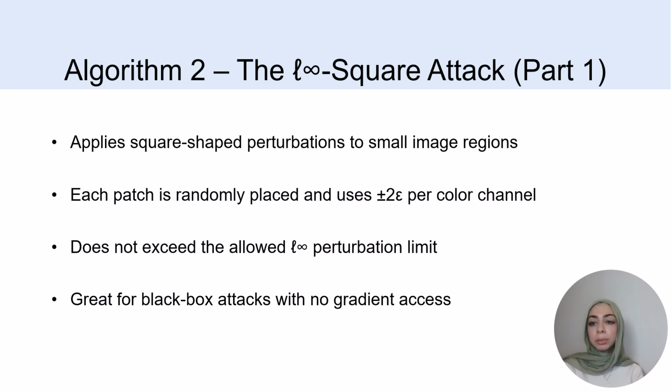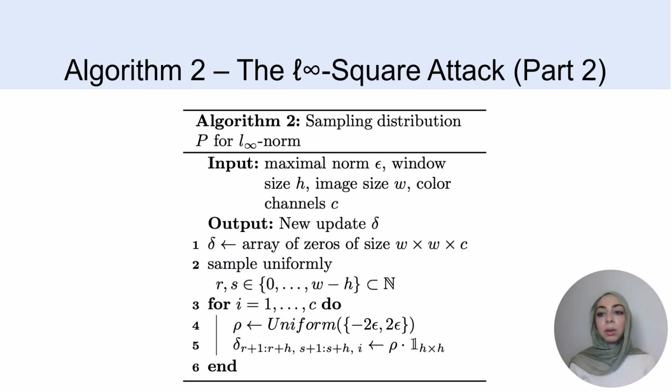We use the 2 epsilon so after clipping, the patch still reaches the maximum allowed change in the final image. This helps push the input as far as possible without breaking the allowed limits. So this part of the algorithm is about constructing the actual noise that gets added, and doing it in a way that's controlled.